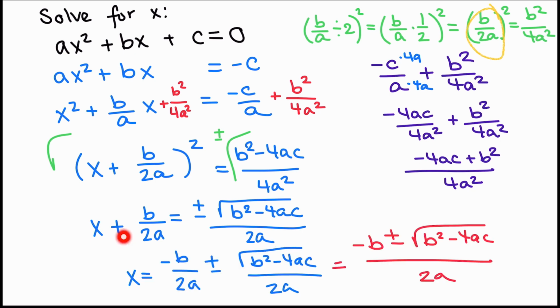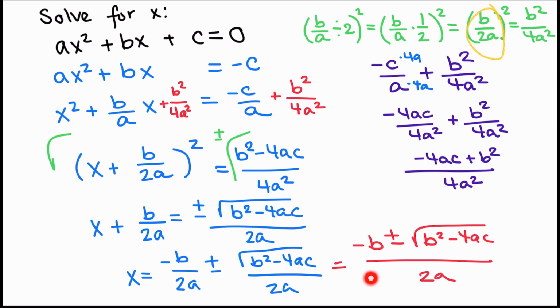Finally, to solve for x, I have to subtract the b over 2a. So x equals negative b over 2a plus or minus the square root of b squared minus 4ac over 2a. We have the same denominator in both terms, so we can write that as a single fraction. And so my solution is of the form negative b plus or minus the square root of b squared minus 4ac all over 2a.